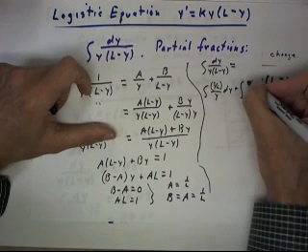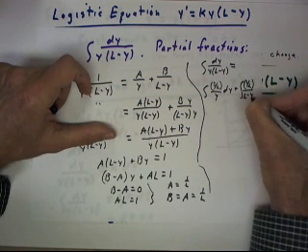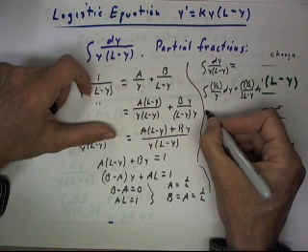So B being equal to A gives us 1 over L minus y dy.